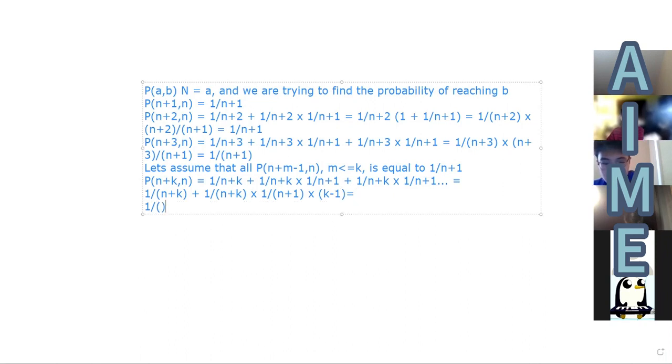Okay, and now if we combine this, we have 1 over n plus k multiplied by 1 plus k minus 1 over n plus 1. And then if we simplify this, we get 1 over n plus k times, and so the 1 turns into n plus k over n plus k.